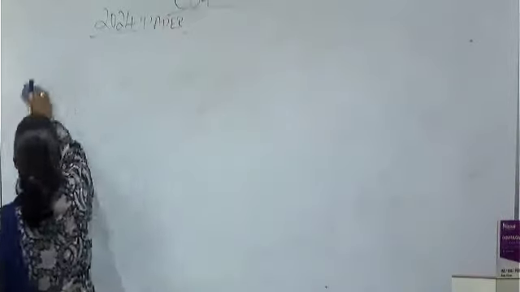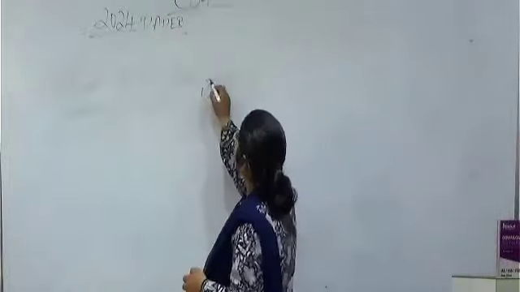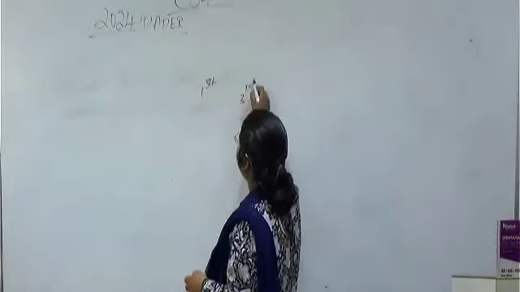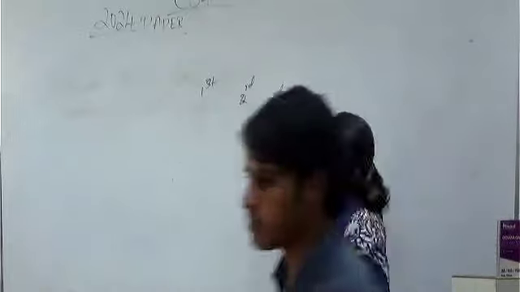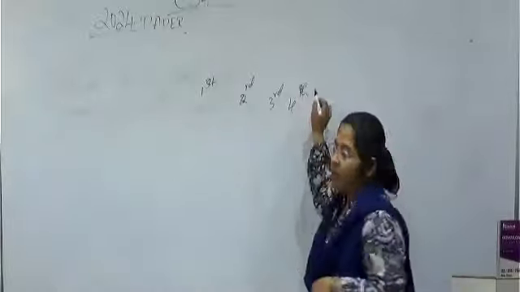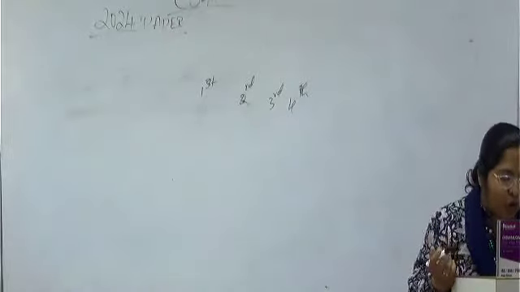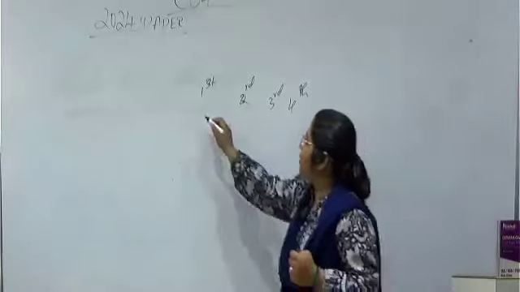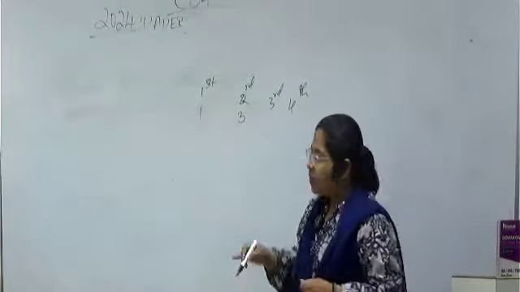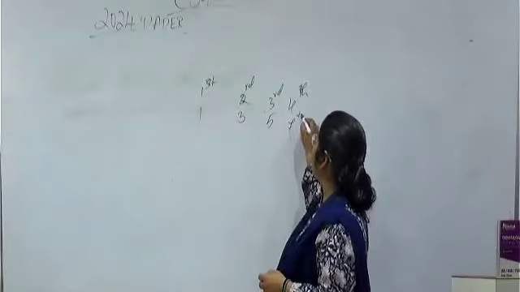1st January, 2nd January, 3rd January, 4th January. So in each January, what is added? 2 rupees more than the previous day. 1st January 1 rupee, 2 rupees more means 3, then again 2 rupees more means 5, then again 2 rupees more means 7.